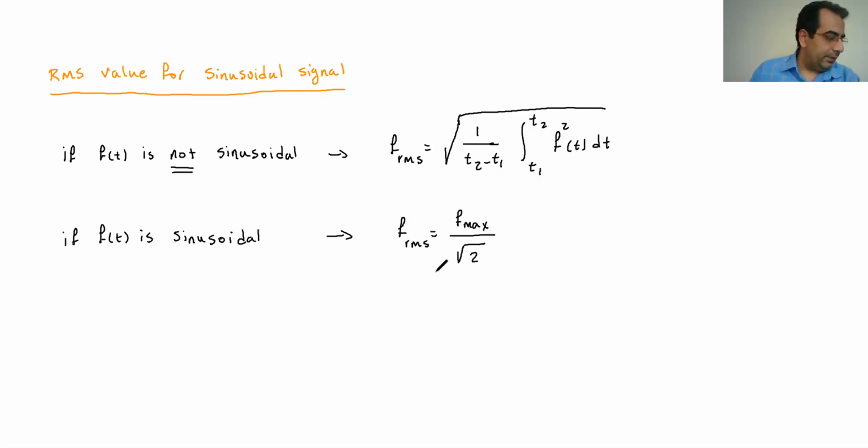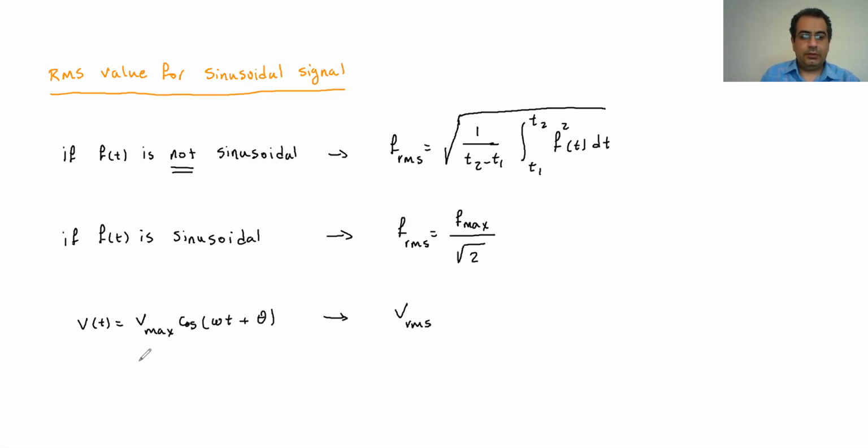So, for example, if we have V(t) equal to V max cosine(omega t plus theta), then the V_RMS, the RMS value of this, because it's a sinusoidal wave, is going to be the V max, or basically the amplitude, divided by a square root of 2.